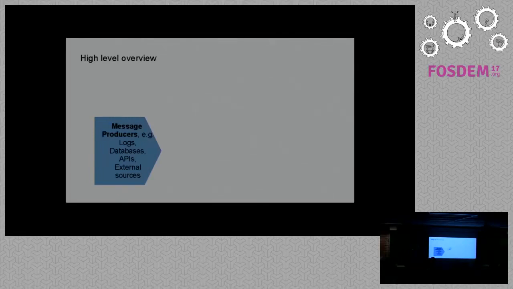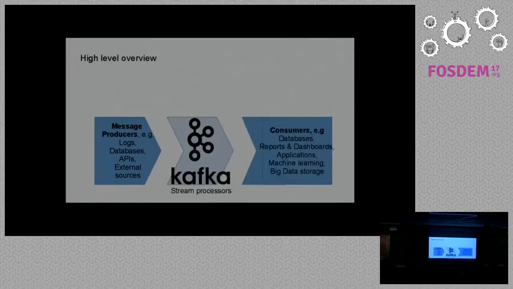They all write their information in protobuf to your Kafka cluster, where you have streaming processors that enrich, join, filter, aggregate all the usual stuff with your topics and create new topics with the output. And that one can go to your various consumers, for example, databases, reports, dashboards, other applications, machine learning, or storing it in Hadoop, for example.